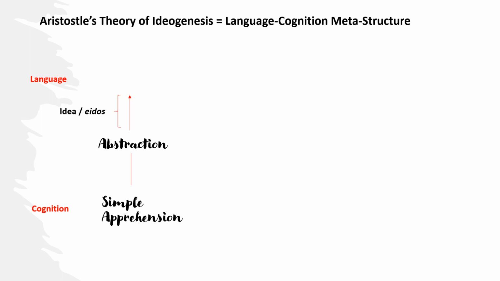Here, in the passive intellect, according to Aristotle, an idea is formed, or an eidos, a mental image, which is known as phantasm, is had. If you articulate that mental image or that idea, then you use terms. So, terms are linguistic expressions of the mental images that are the outcome of the process of abstraction.